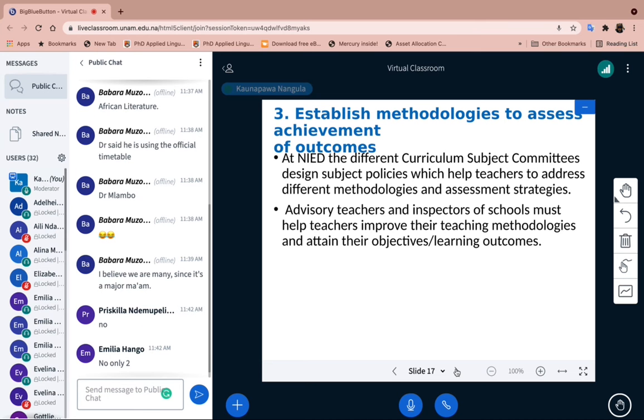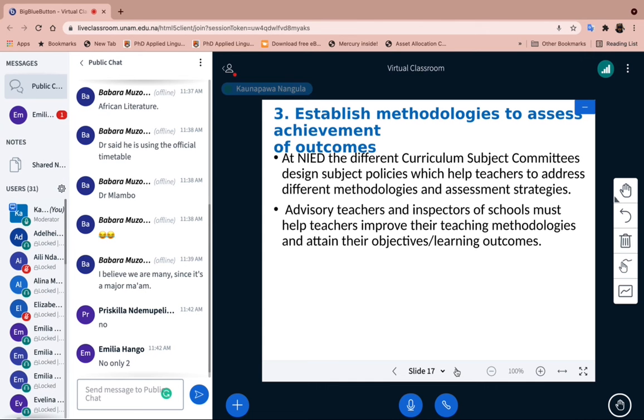You should also remember that you can consult the advisory teachers and inspectors of schools to help you decide or work on your teaching methodologies, and assist you in how to attain the objectives and learning outcomes in the best way. All right, so you're not always on your own.